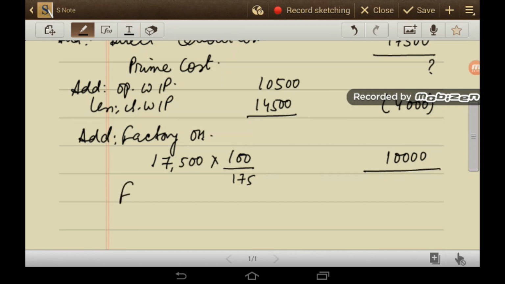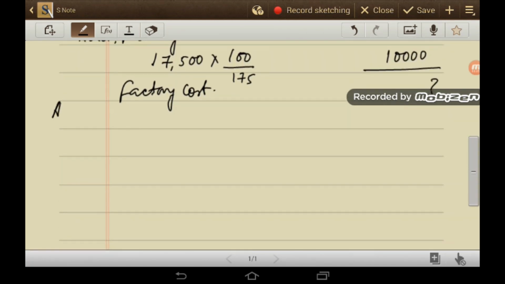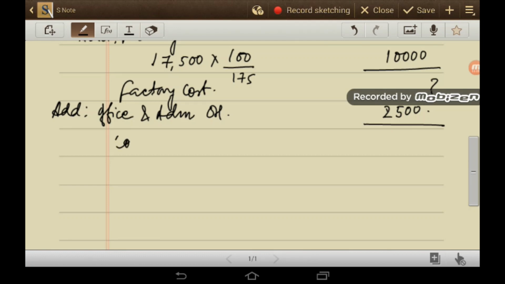So we will get factory cost. Add office and administrative overhead 2,500. So this will give you cost of production.